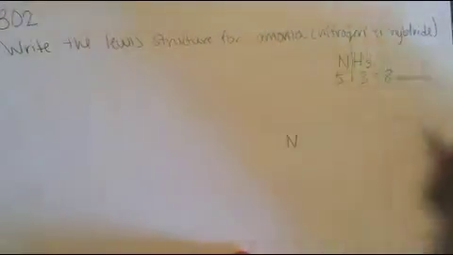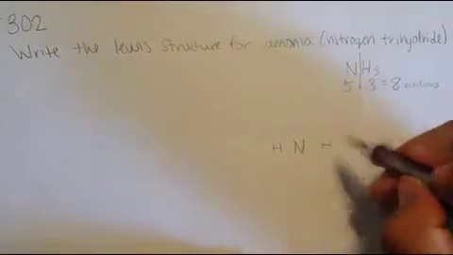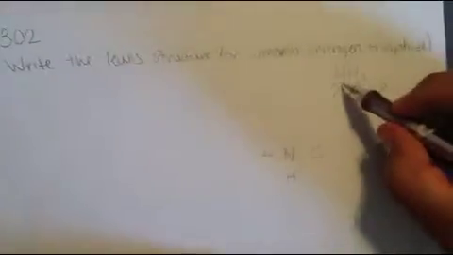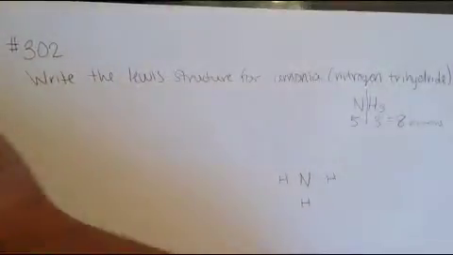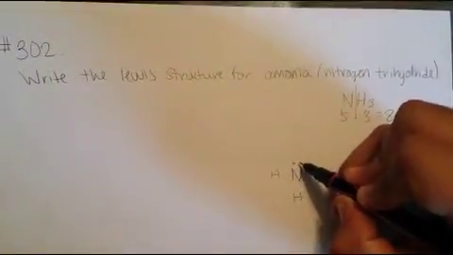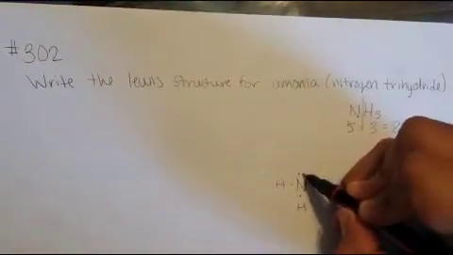So you're going to start with the smallest one because they're all going to surround it. So you're going to have nitrogen by itself. And you know that hydrogens are going to surround it. You know that nitrogen has 1, 2, 3, 4, 5.